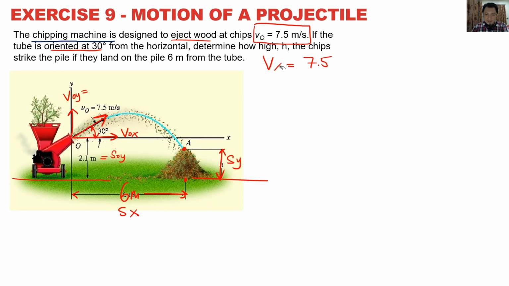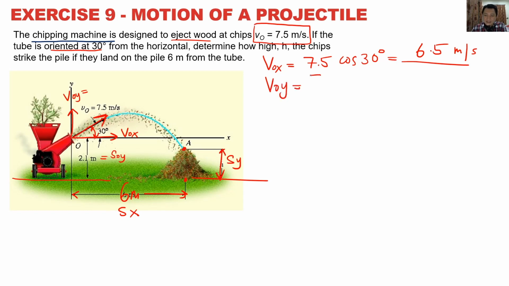So it's actually not Vx, it's actually V naught x. 7.5 cos 30 degrees. How much? 7.5 cos 30 degrees is 6.495. So close, huh? I'm taking it as 6.5 meter per second.